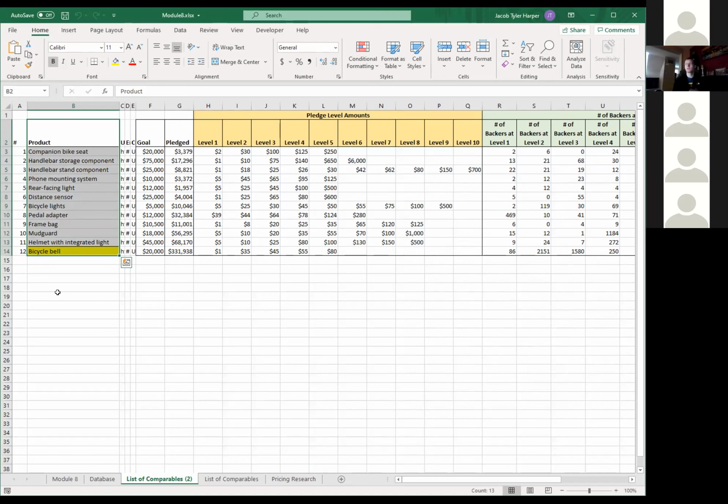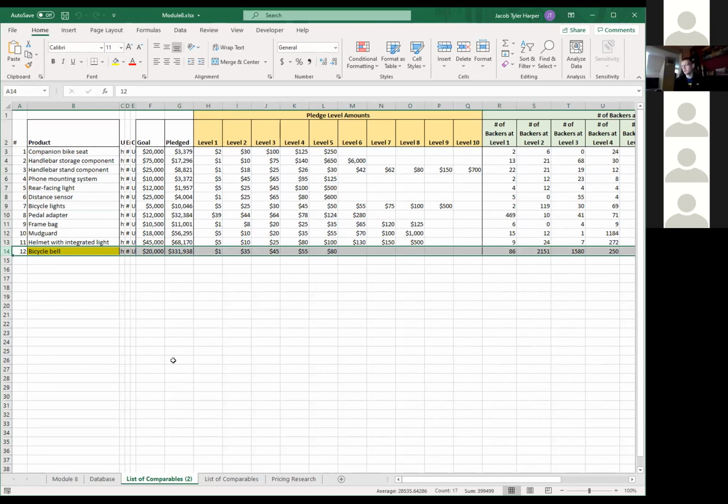And so we've collected data on 12 different bike products that have used Kickstarter in the past. And we're going to see if we can figure out what they either did right or wrong and imitate that. Now, in the workbook, it sort of singles out this last row. It says, hey, answer this question for the Bicycle Bell product.